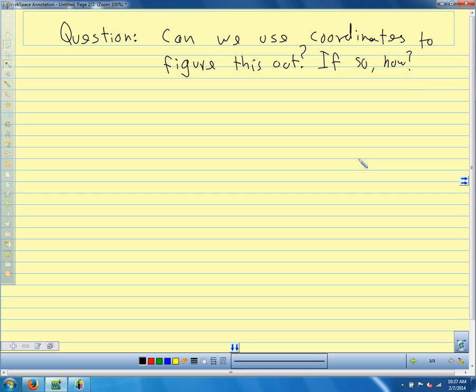So we're not actually going to figure anything out. We just want to look at these things and say, could we use coordinates to figure this question out? So the first one, we want to know, can we figure out if segment AB is parallel to segment CD using coordinates?